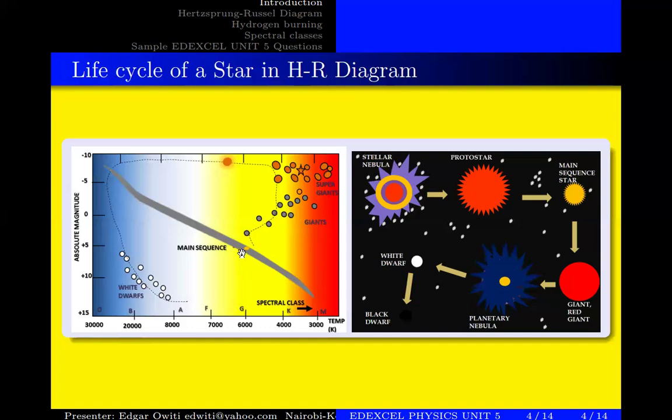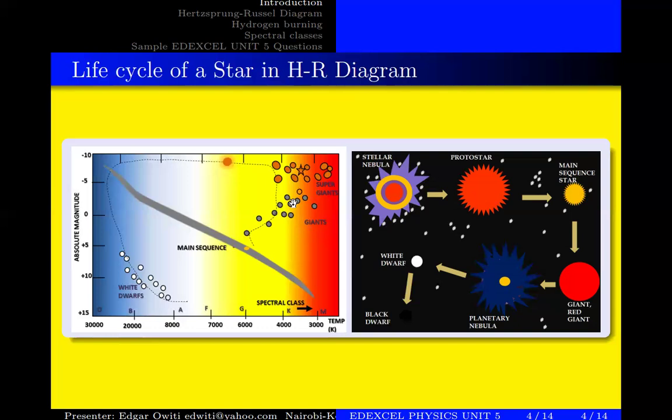So it remains in the main sequence with the hydrogen burning taking place at the center. And when the hydrogen burning now reduces, or the temperature at the core reduces, then the star begins to deviate from the main sequence. At that point, the star expands or becomes large in size and it heads towards the giant stage.